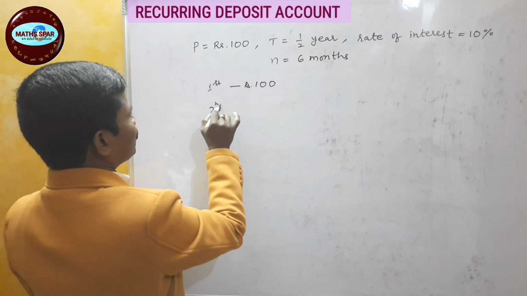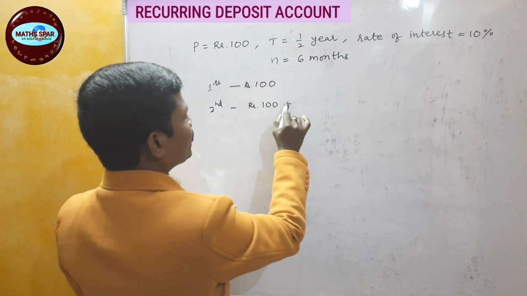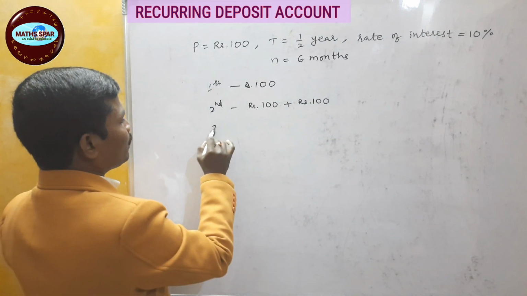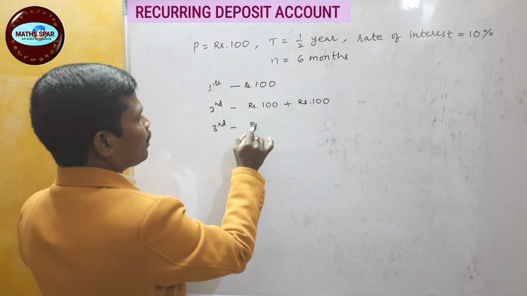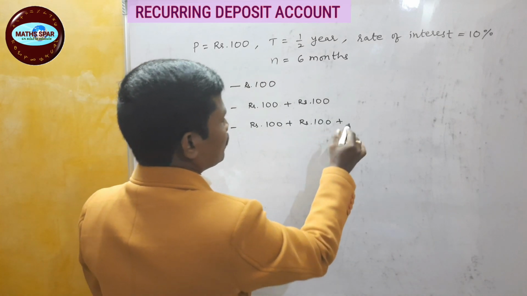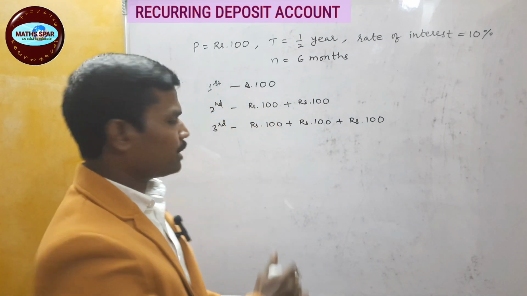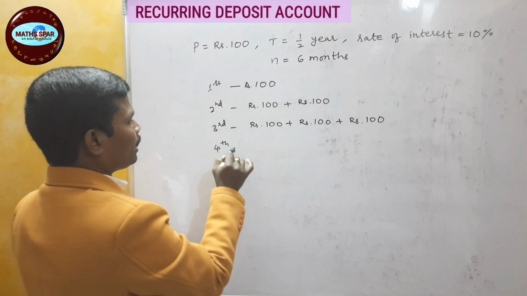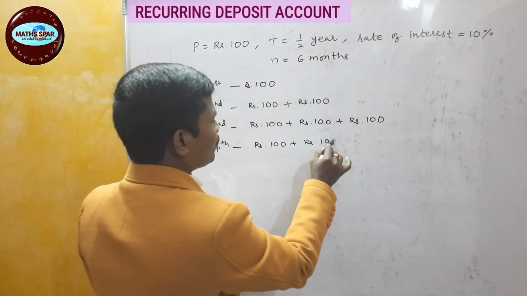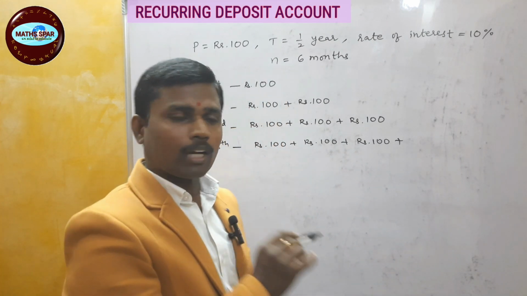Second month, this 100 is already existing. To this another 100 rupees he has deposited. Third month, these 200 rupees are already there. Then to this he is adding another 100. And in the fourth month, already 300 rupees are there in the account.